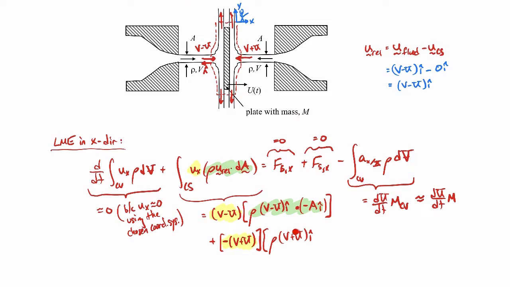So it'll still just be a v plus u I hat, and it's in a minus I hat direction because it's pointed to the left. So that's where the minus comes from. And then we have to dot product that with the area. The normal vector for the area, n hat, is in the positive I direction, so it's just going to be a I hat. So this is our green mass flow rate term that's given right here.